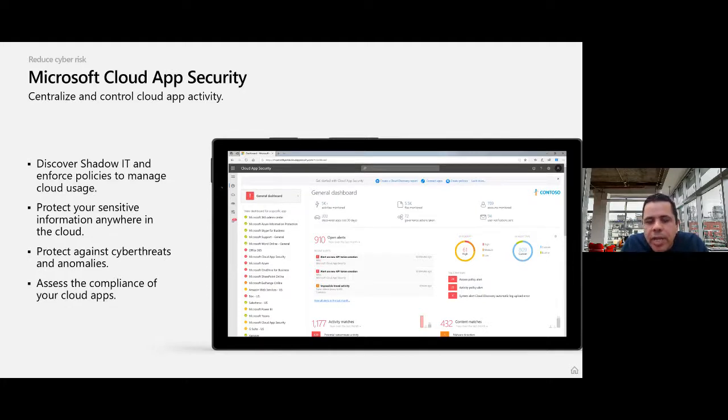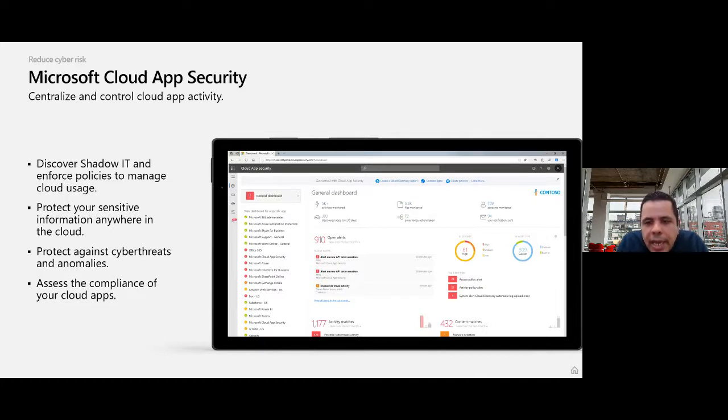And so the question is, how do you get a handle on the usage of cloud resources and at the same time protect all of those cloud resources? Cloud security is now a critical component of end-to-end security strategies, and that's where Microsoft Cloud App Security comes in as part of the Microsoft Security suite of products, because it's able to provide that insight into how the data is being accessed and where it's being potentially stored.